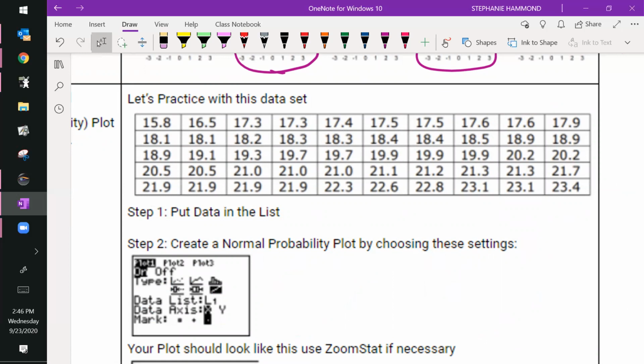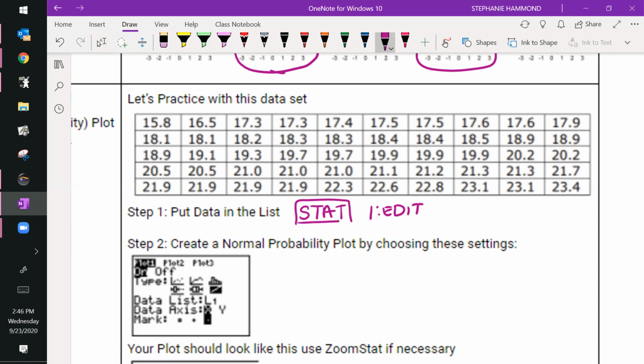The very first thing we need to do is put this into the list in our calculator. So remember, to do that, you're going to turn your calculator on, click the Stat button, and then choose option 1, Edit.